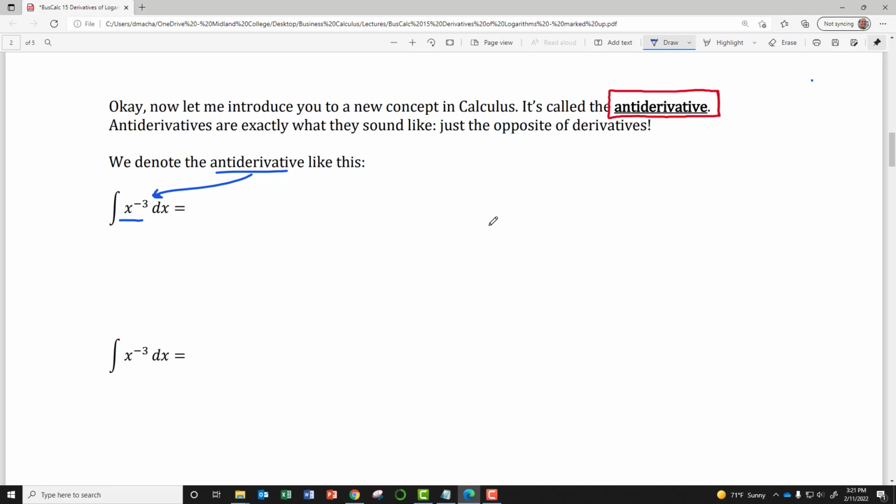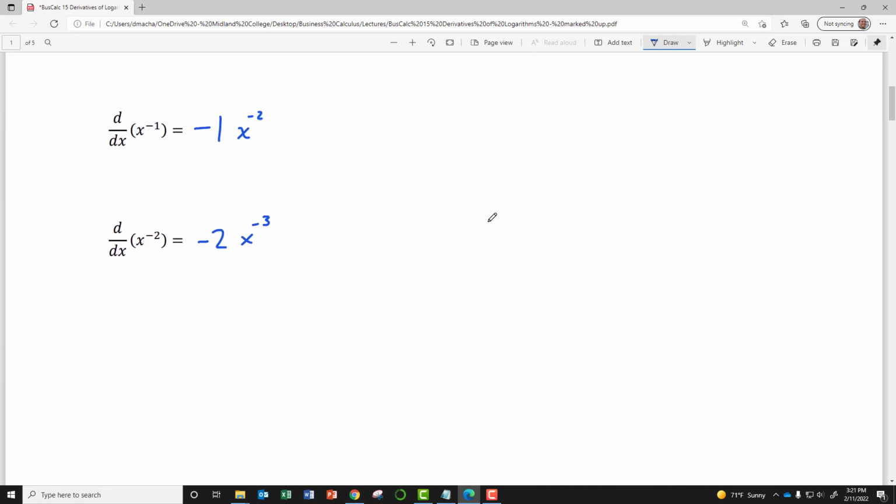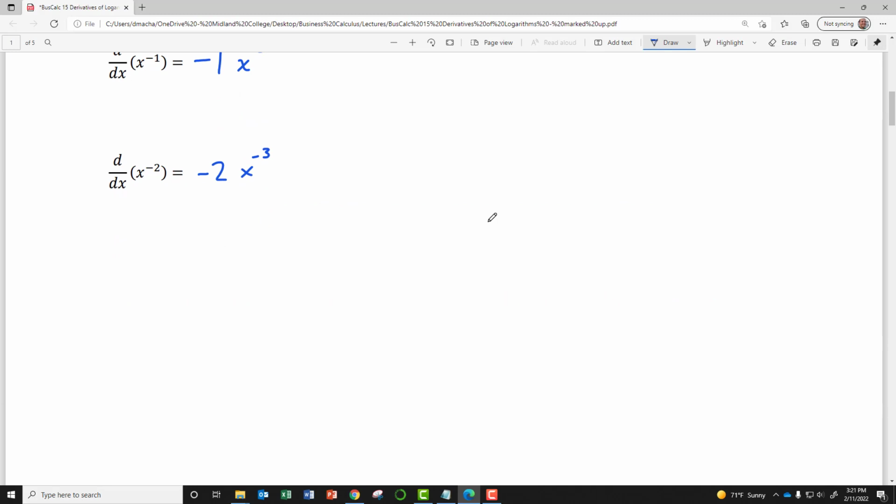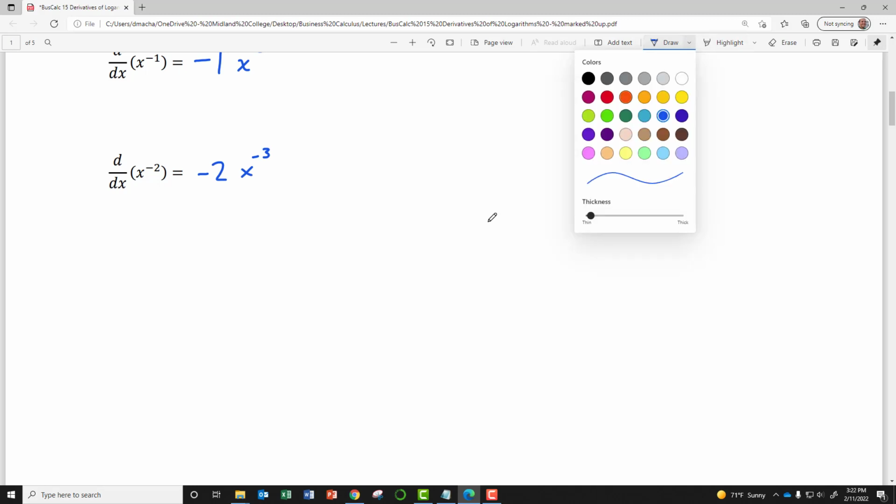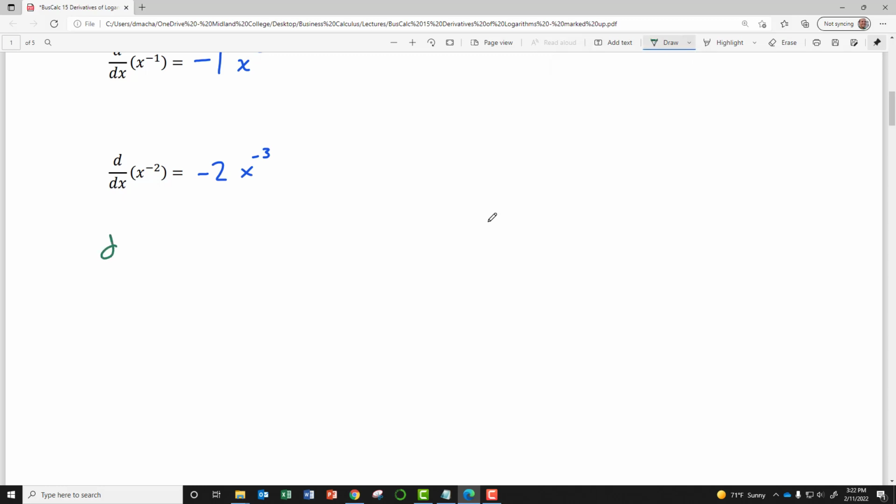Well, let me scroll back up to the previous page and point out that whenever I took the derivative with respect to x of x to the negative 2 power, I got negative 2 times x to the negative 3. So that's pretty close to what I wanted. And maybe if I doctor this up a little bit and change that function, maybe I actually could get just x to the negative 3 without that negative 2.